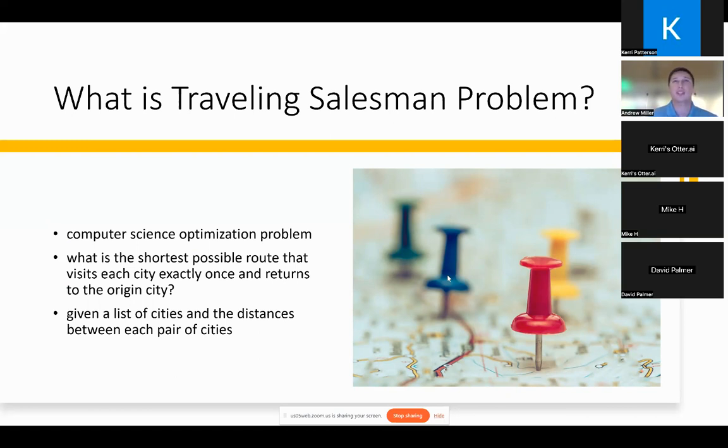It could be in a state, in a specific region, in your sales route. It really is the sales route is where it came from. And the path returns back to the city of origin. And the input is basically a list of cities and the distances between the cities.